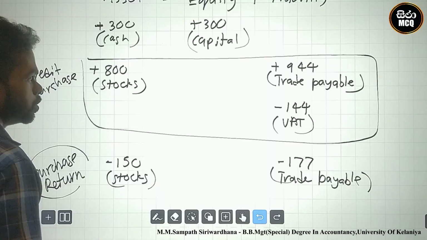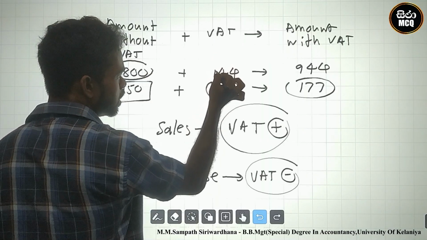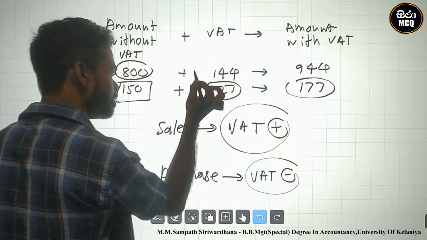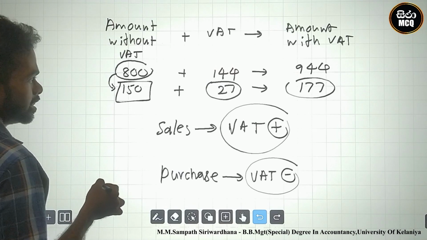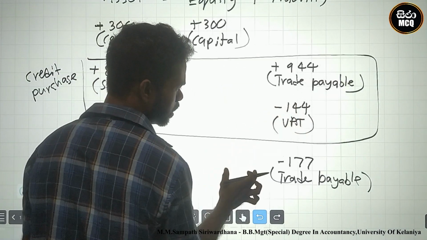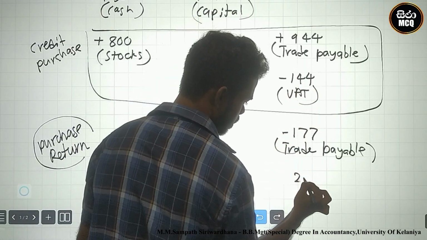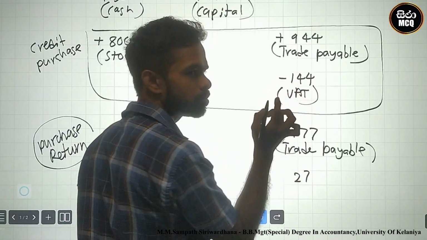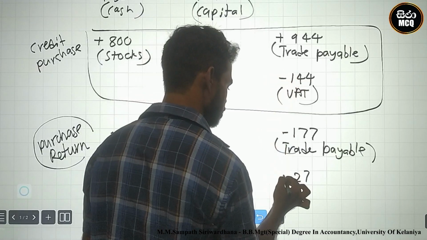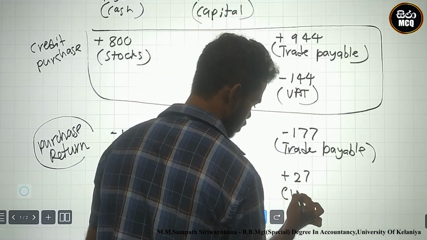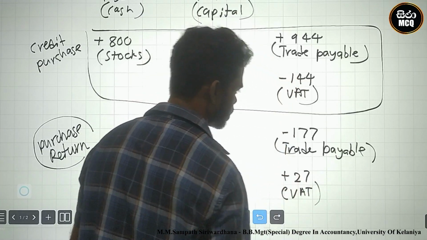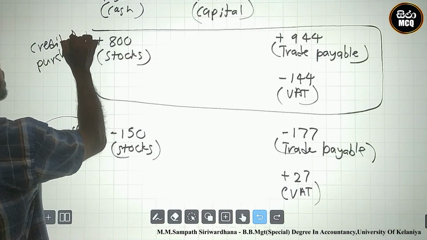After that, what is the VAT amount? VAT is related to 144, and 27 is related to it. VAT was previously minus, we must plus this 27. VAT. This is A transaction.